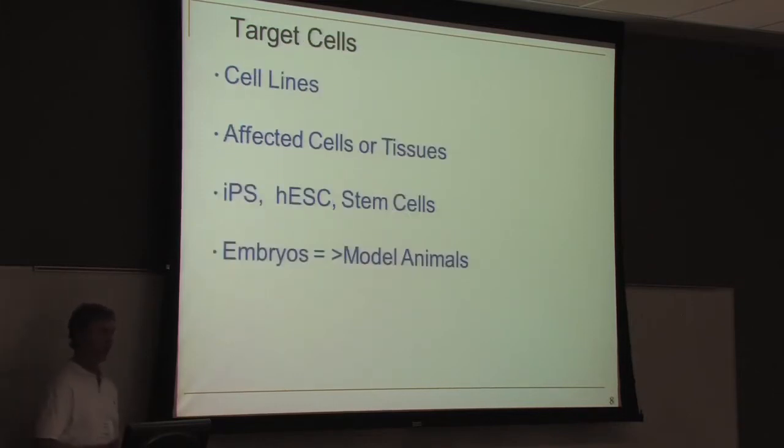And the cells that you target can also be varied. Cell lines are one of the easiest things if you want to modify CHO cells, 293s, just to test your hypothesis about your gene. For gene therapy applications, we want to target the affected cells. If we're trying to correct the sickle cell mutation, obviously we want to target the blood cells.